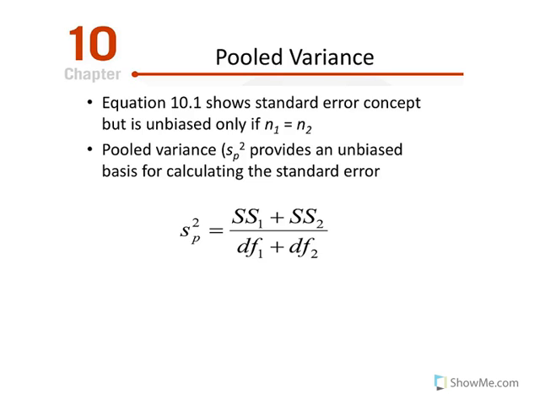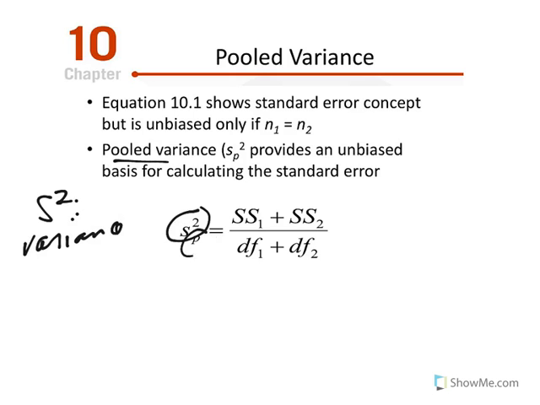But instead of always having to pay attention to whether or not our samples are equal, it's preferred just to utilize this new equation referred to as pooled variance, which accounts for the variation in both samples and takes into account the differences in sample sizes. So our pooled variance, the notation is S squared, because S squared is always representative of variance.